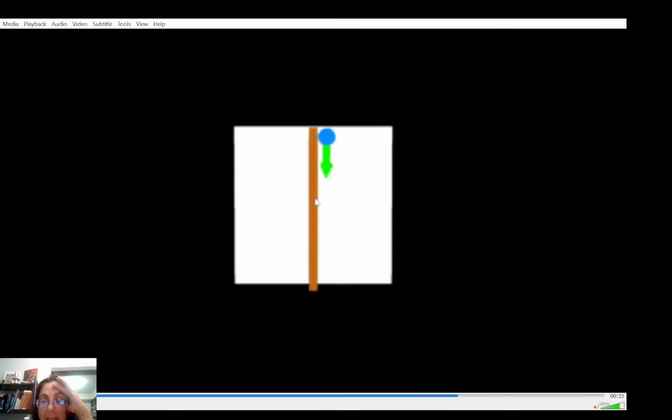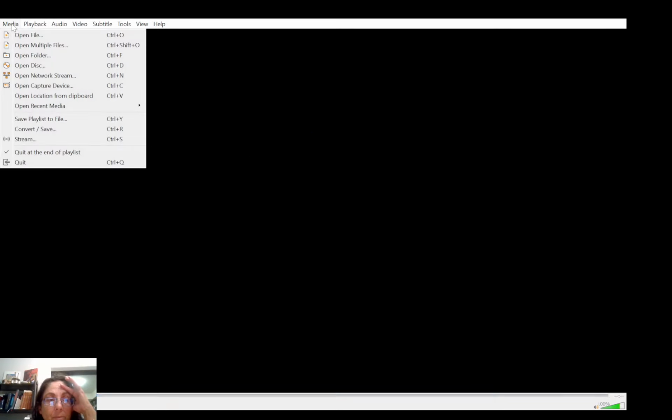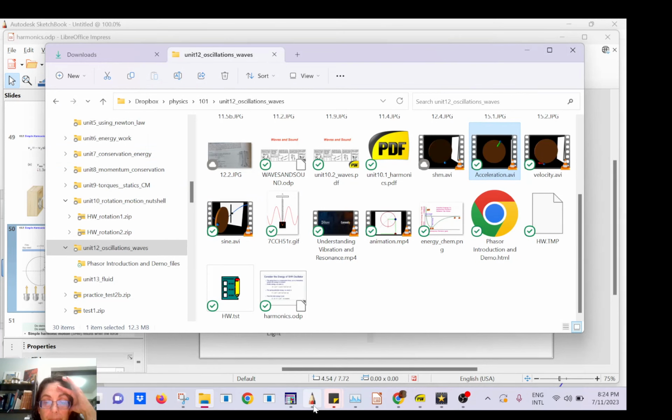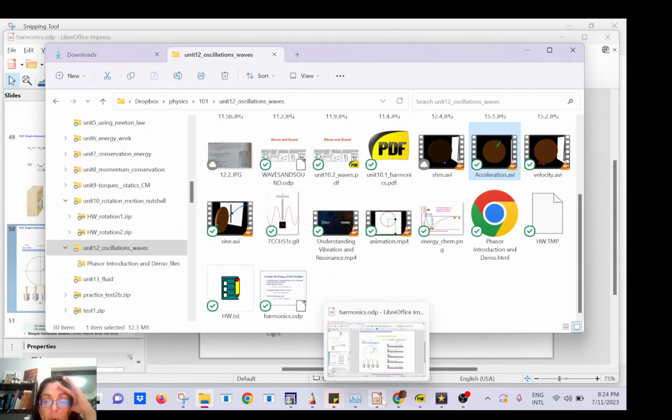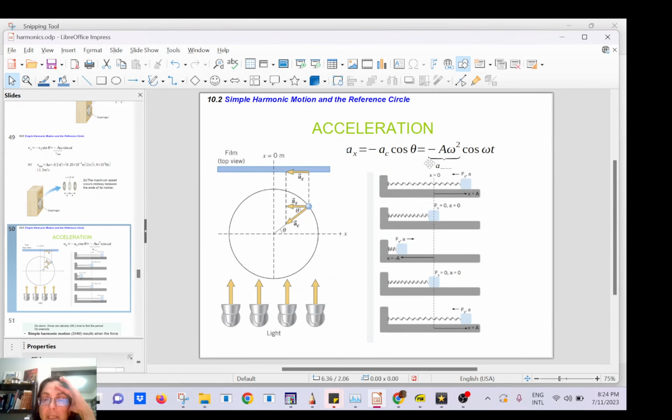See? And here at the center, at the equilibrium, there is no more acceleration. Isn't that a great simulation? So if you go back to the slide, that will be the expression for the acceleration.